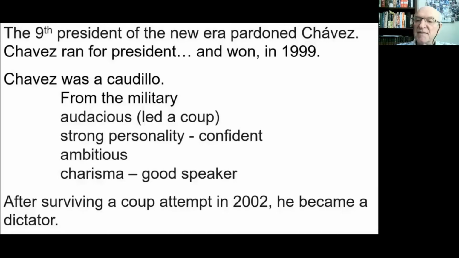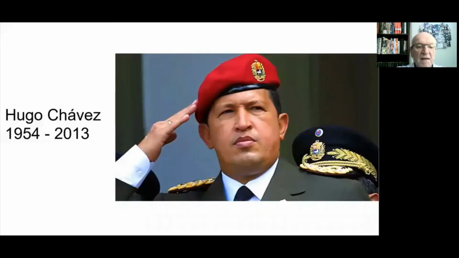The people wanted a caudillo. This is Hugo Chavez in about the year 2000. He died of cancer in 2013. But before he died, he handpicked Nicolás Maduro to take over after him. And he did, and he's still the president of Venezuela under a military dictatorship.